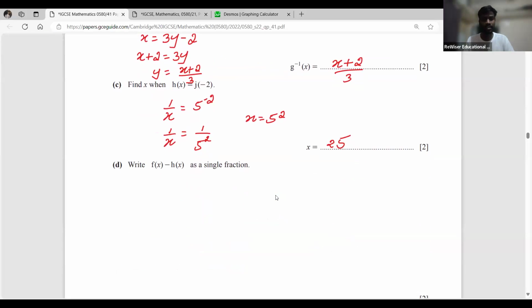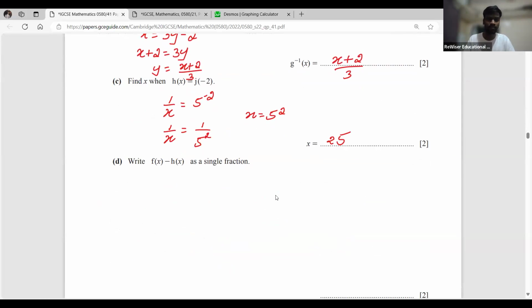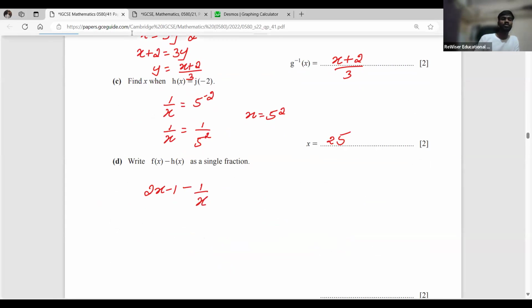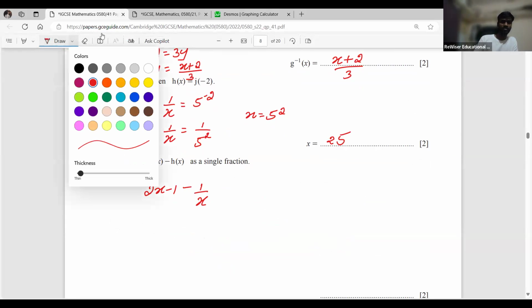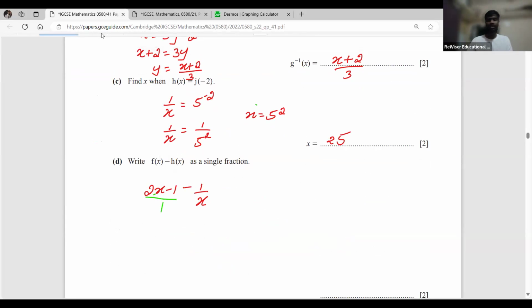And next, write down f of x minus h of x. f of x is given here as 2x minus 1, and h of x is minus 1 over x. And this has something to do with algebraic fractions. So here, if there is no denominator, I have to take it as 1. Now for the first part, I have to multiply it with x.